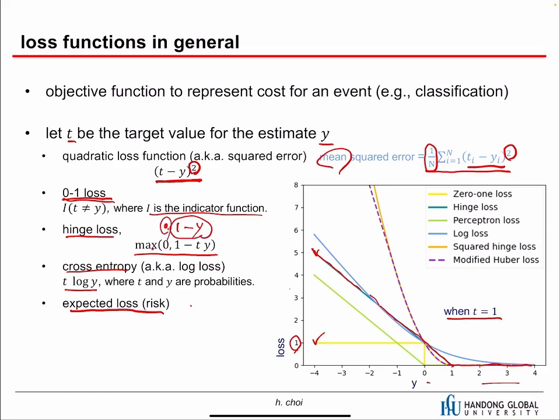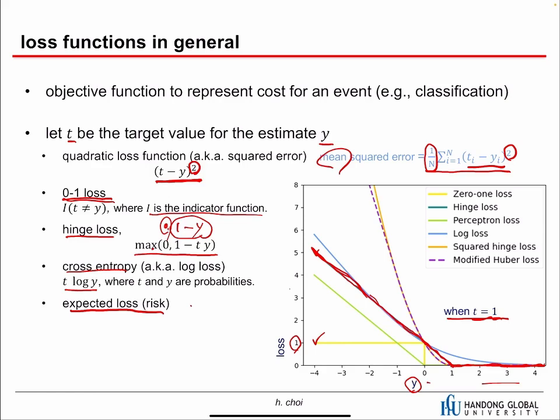So this one is hinge loss. Hinge loss says when t is 1, if y says something else, then we have a loss. And if y is smaller than 0, then we have even more loss. But if y is greater than 1, then it doesn't matter how large it is, the loss is 0. That's hinge loss.